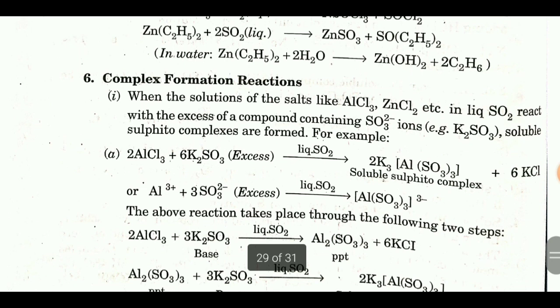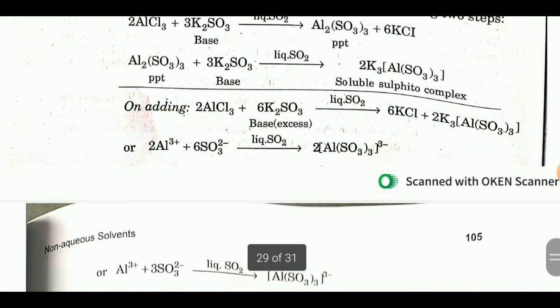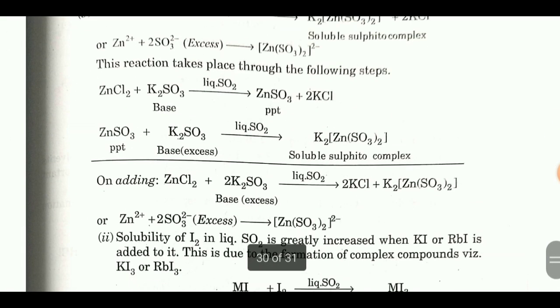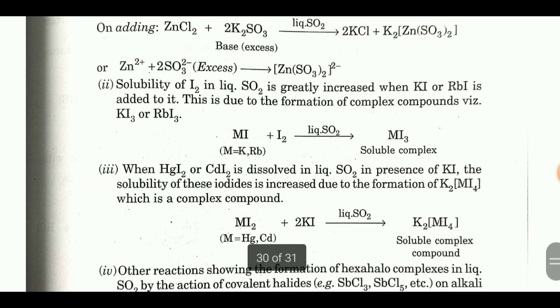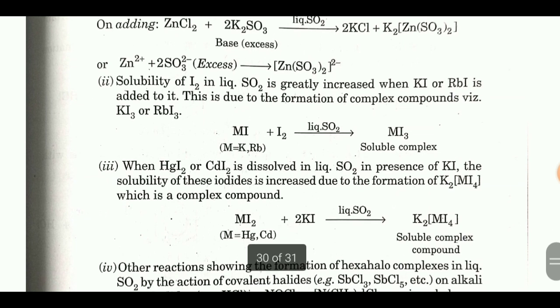Sixth, complex formation reactions. First, when the solution of salts like AlCl3, ZnCl2, etc. in liquid SO2 reacts with an excess of a compound containing SO3 2- ions, soluble sulfito complexes are formed. Second, the solubility of I2 in liquid SO2 is greatly increased when KI or RbI is added to it.